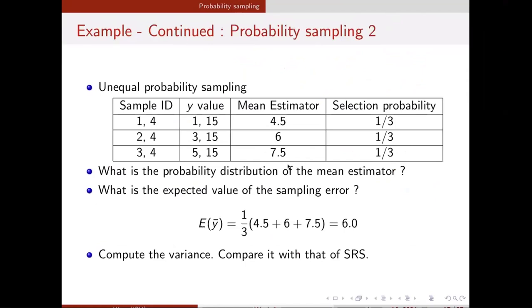Now, let's take a look at this second example. This is another probability sampling. Well, first question is, is it really a probability sample?